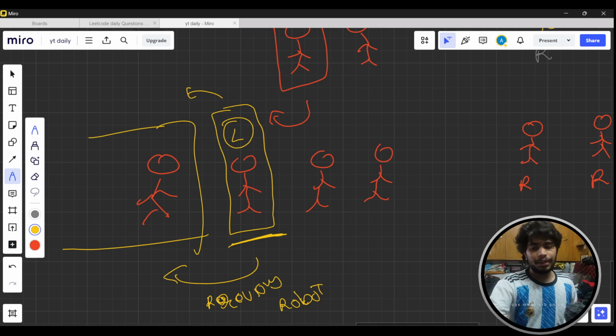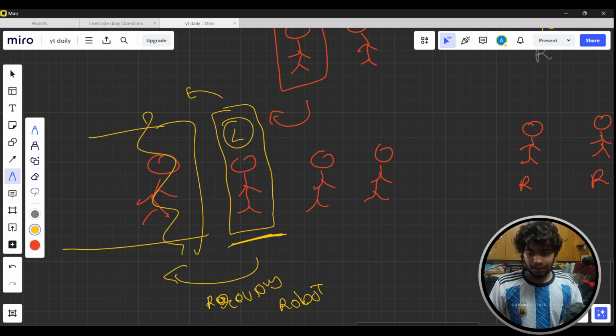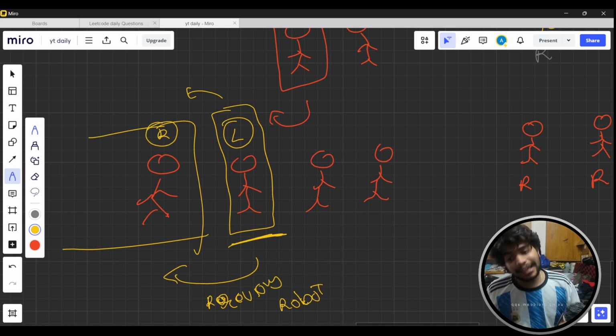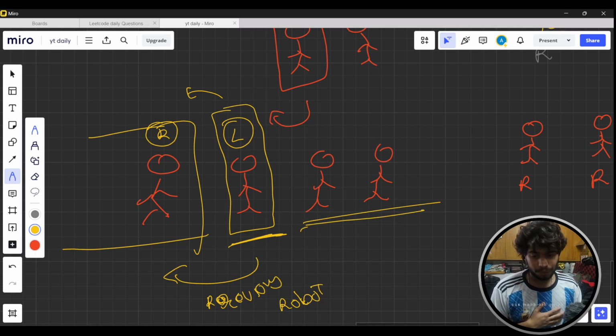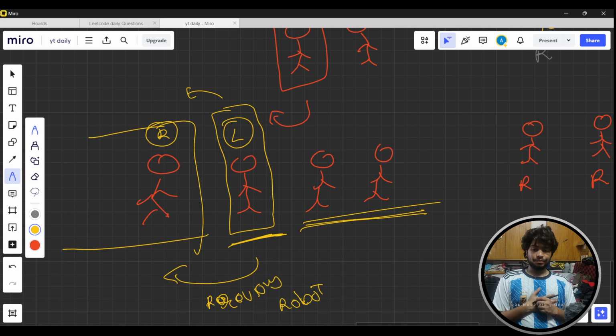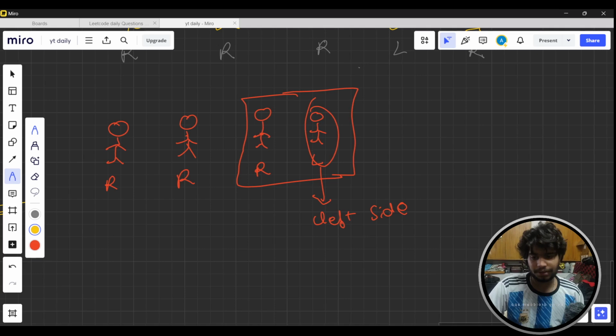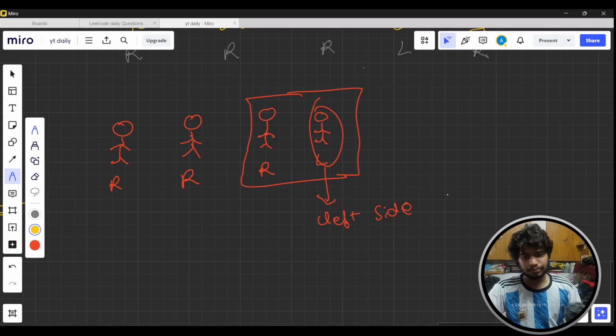If present, let's imagine there is no robot here, then there will be no collision. If the robot is present and it is moving in right direction, then this will be the only case where there will be a collision, because we can't predict the future for them.